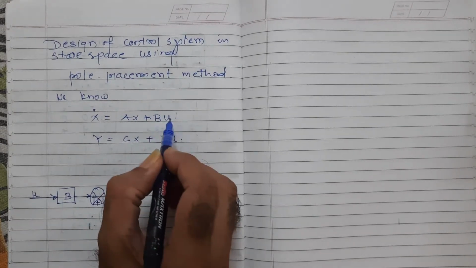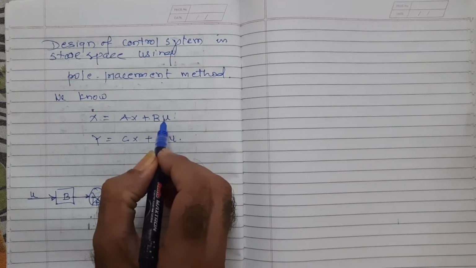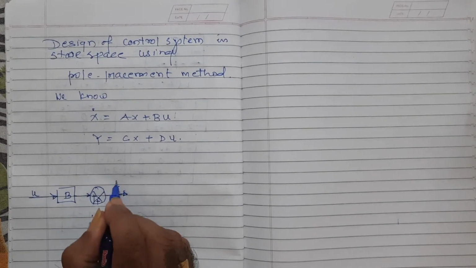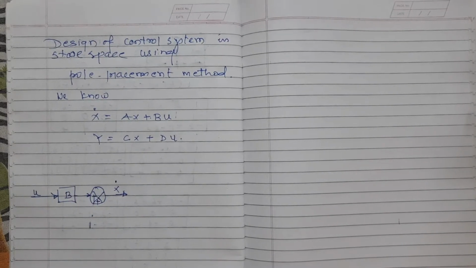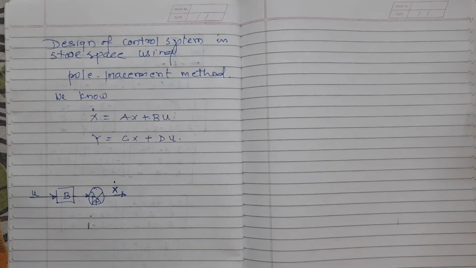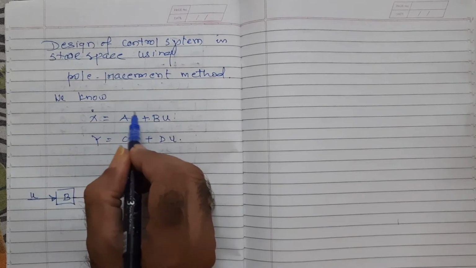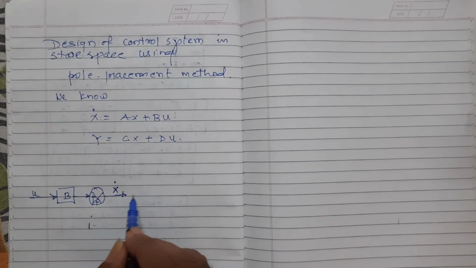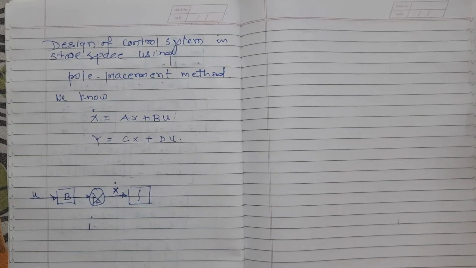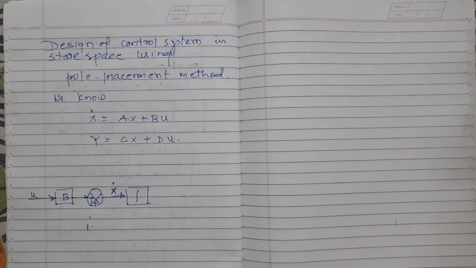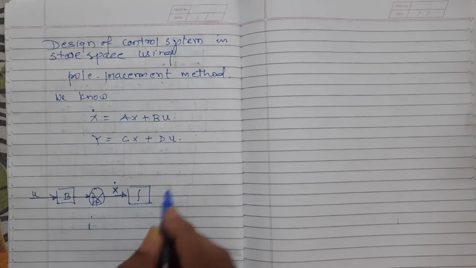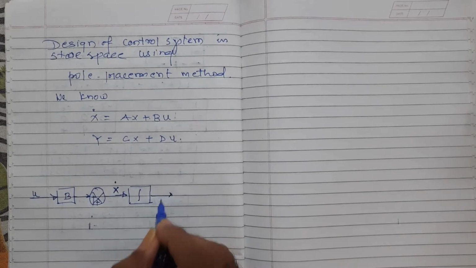Now see here, the addition of Ax plus Bu is x dot. So we will put here x dot. Now we get x dot here. Now we want this Ax. Here we will have the integrator, so it will integrate x dot and we get x.